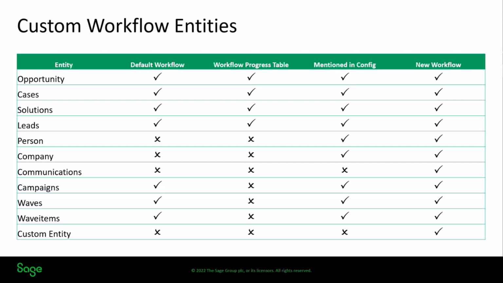Most of these entities are governed by the configuration screen, which turns on your ability to turn on workflowing for that entity. It's not the same as turning on an individual workflow, but rather the capacity for that entity to have any of the workflow features associated with them. All of these entities that I've listed out here, these business structures inside Sage CRM, can have new workflow associated with them.